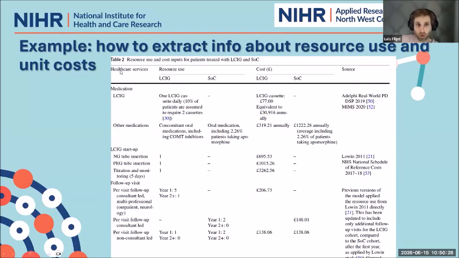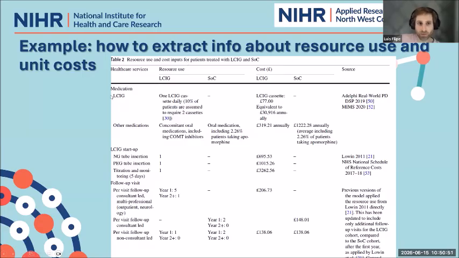Just an example of the costing table of the paper. So you will see precisely as Brian explained to you. We have LCIG, which is the new technology, and SOC is the standard of care, so what you had. And you are basically going to do the resource use and the costs for both of them.